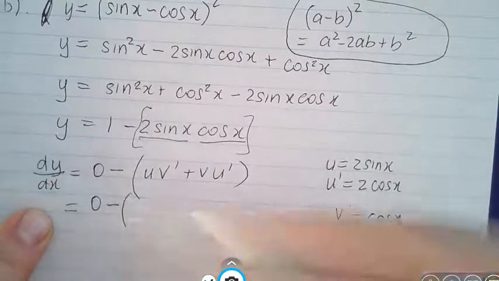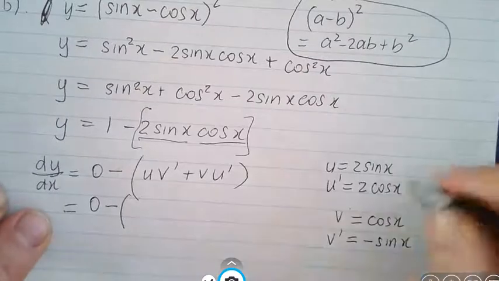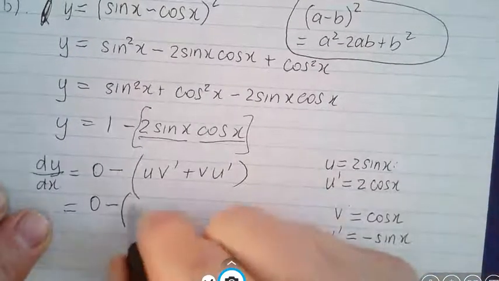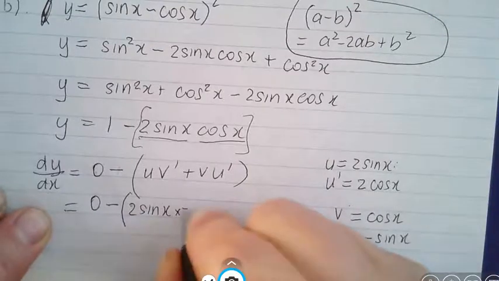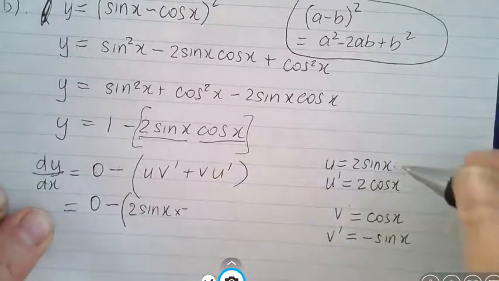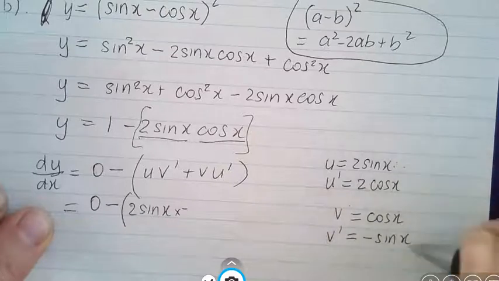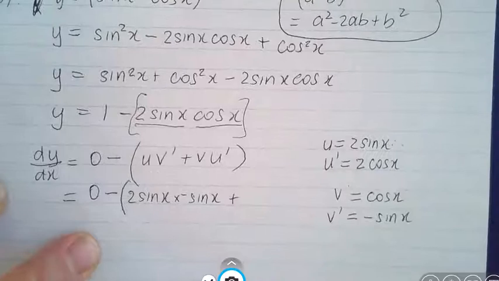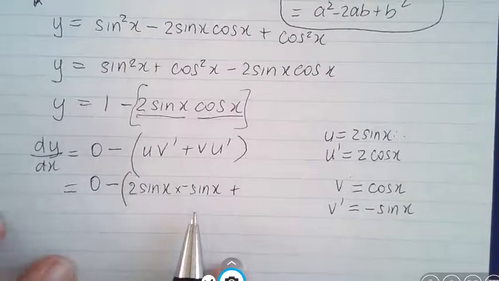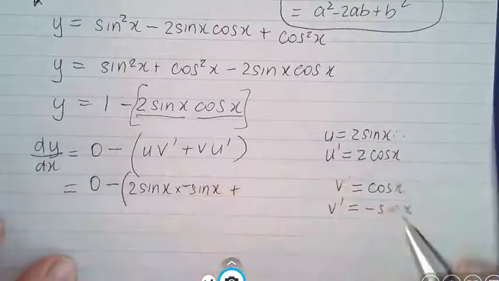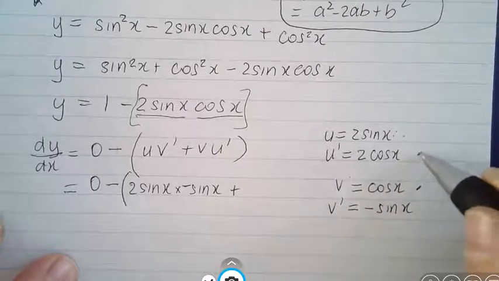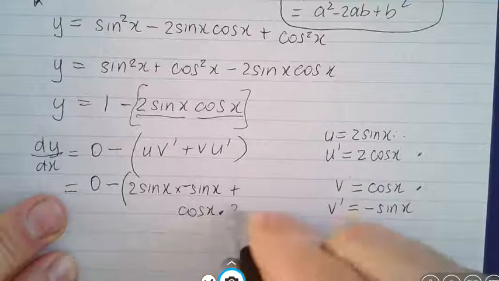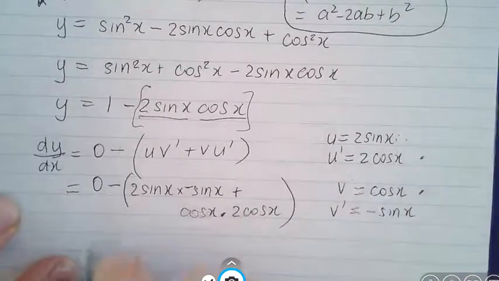So u times v dash plus v times u dash. 0 take away. What's u times v dash? Isn't it 2 sine x times, yeah, negative, yes, times sine x plus, what's v? V is this times u dash plus cos x times 2 cos x.